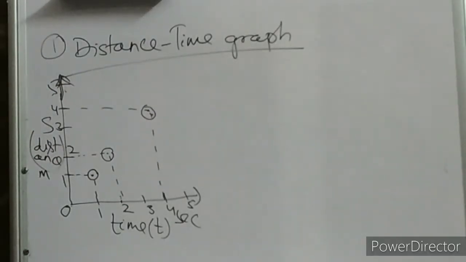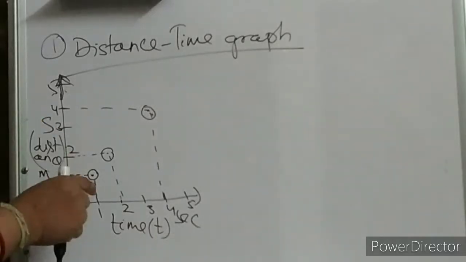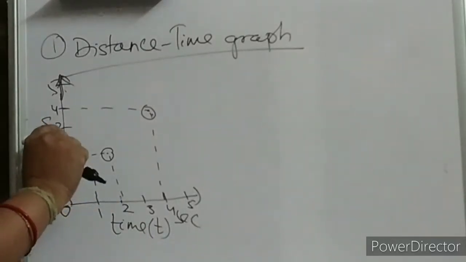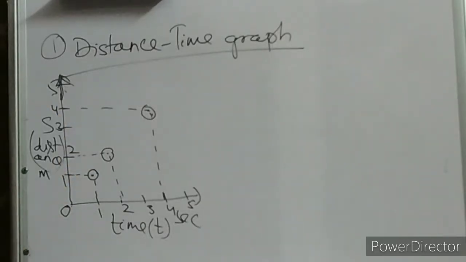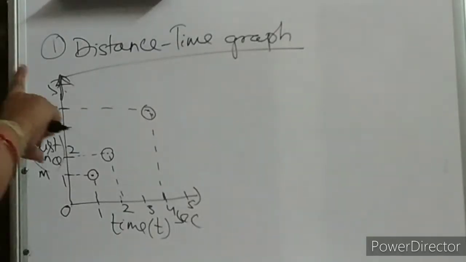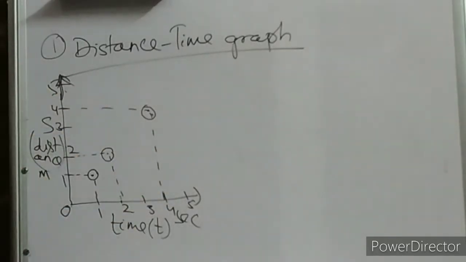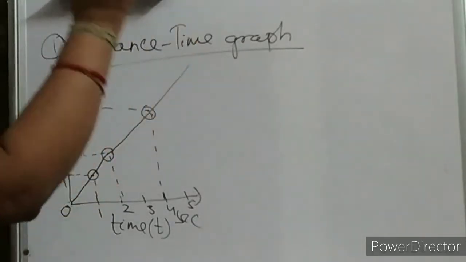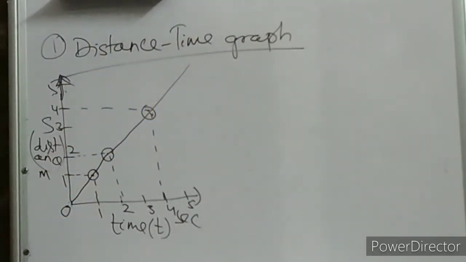So these are equal distances. See, every second the object is covering 1 meter. That means equal distances in equal intervals of time. So distance travelled is proportional to time. If I join this with the origin, I get a straight line graph like this.